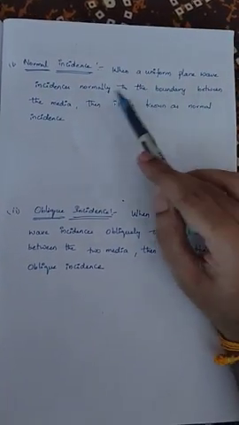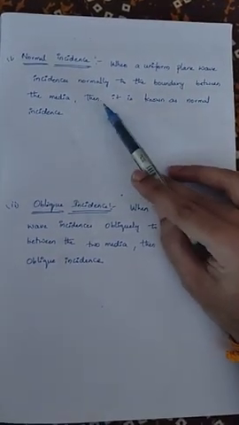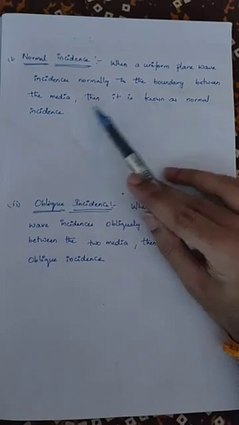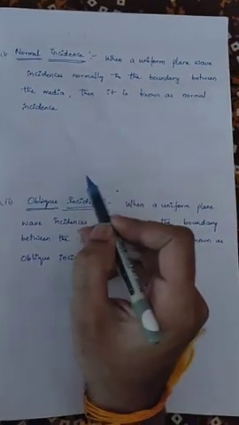When a uniform plane wave is incident normally to the boundary between two mediums, this is known as normal incidence. This can be explained through a diagram.